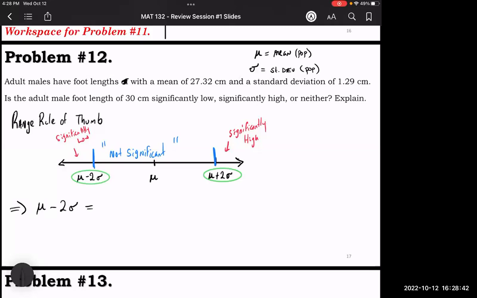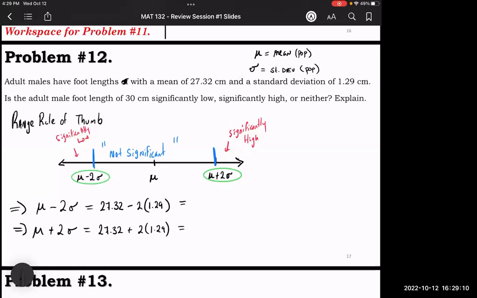The mean is equal to what value? 27.32 minus 2 times our standard deviation, which is 1.29. To get the other value, you take the mean plus 2 times the standard deviation, which is 27.32 plus 2 times 1.29.